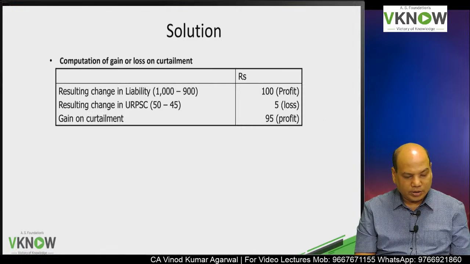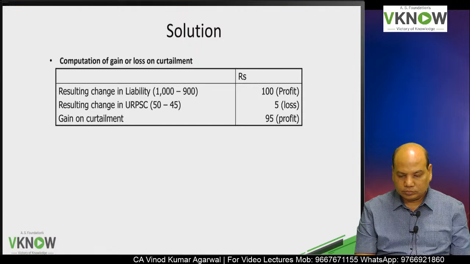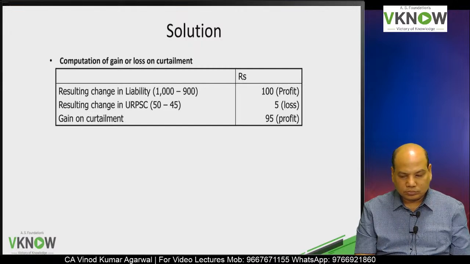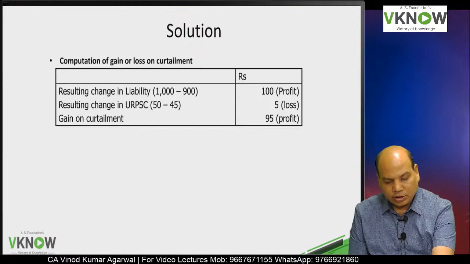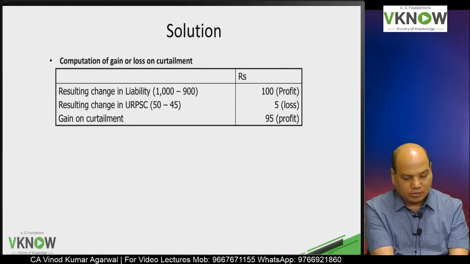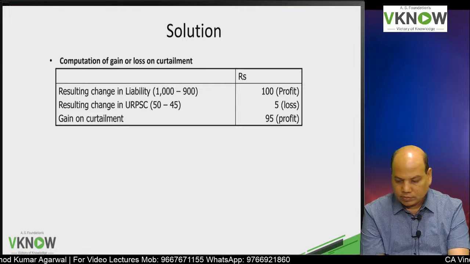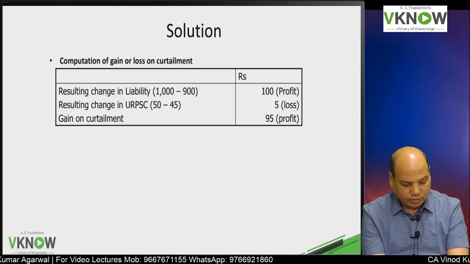First write down point A: resulting change in liability. Liability was 1000, now it is 900. Hundred profit.